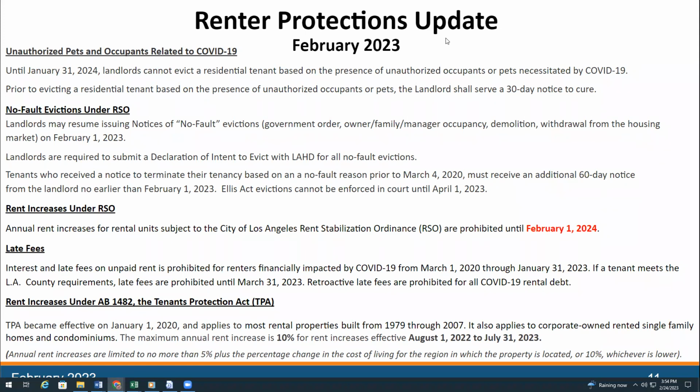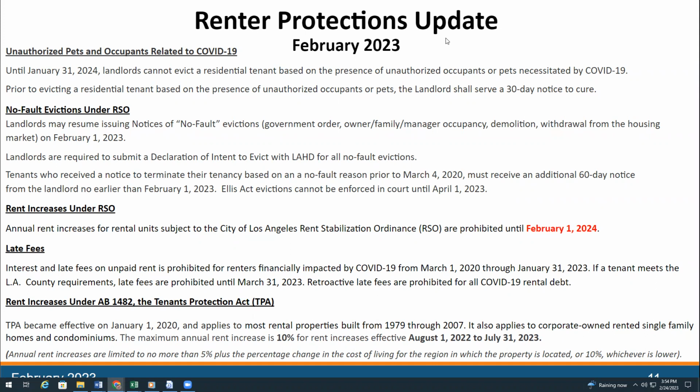There's demolition of unit or withdrawal of the unit from the rental market. So again, landlords may resume these as of February 1st, 2023. Now, important to note that landlords are required to submit a declaration of intent to evict with the LHD, and these are for no fault evictions.